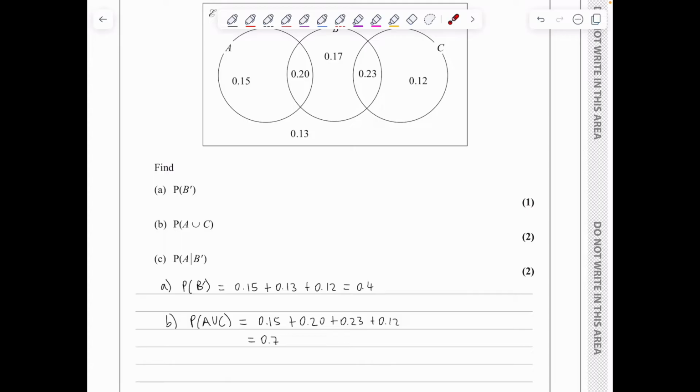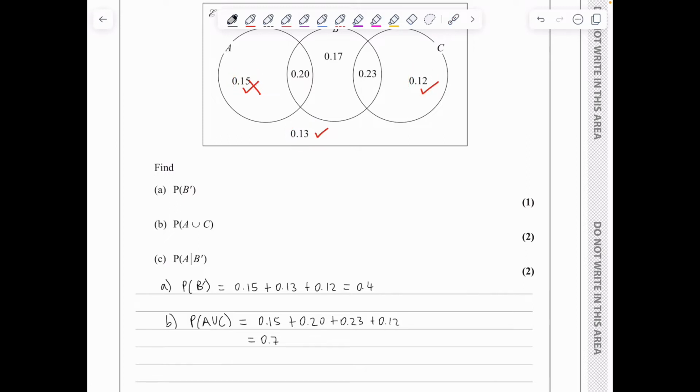And then we have to find the probability of A given B dash, this conditional probability. So we know for sure that we are outside of B. So outside of B means I'm here, here, or here. And the question is, what's the probability you are in A? So what I have double ticked, the 0.15, over what I have ticked once, so this, and this.